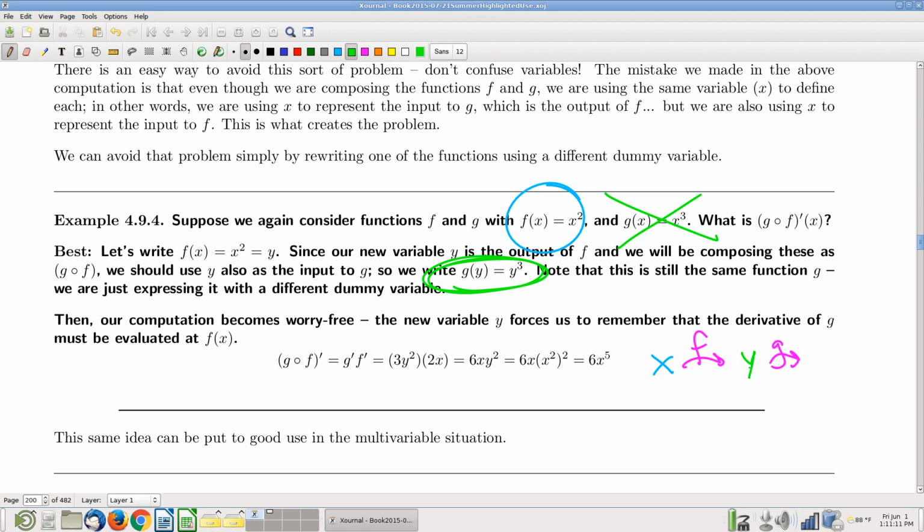I could say G of Bob equals Bob cubed. It would serve the same purpose. So I'm just going to use a different dummy variable Y, and by saying G is a function of Y, I am in effect saying I would like to view the outputs from F as being Y.